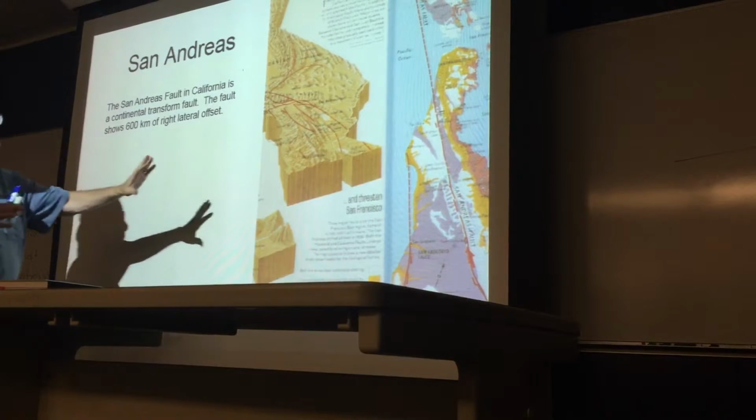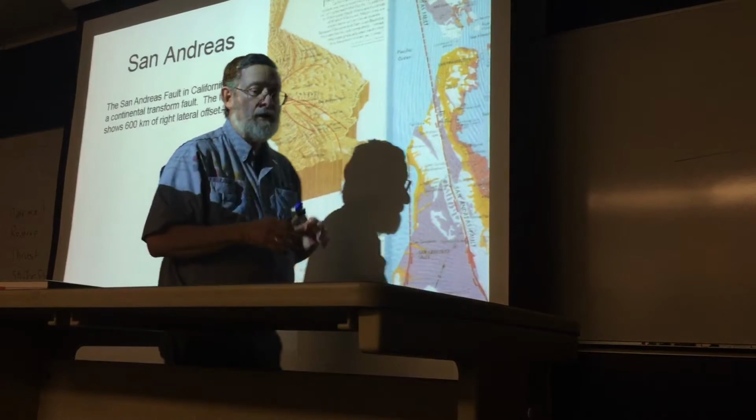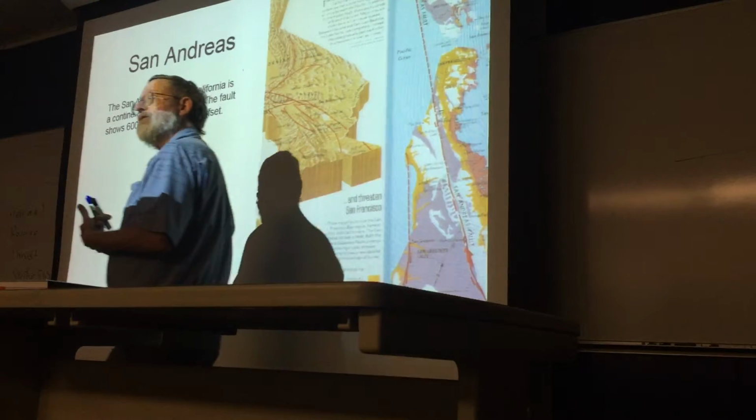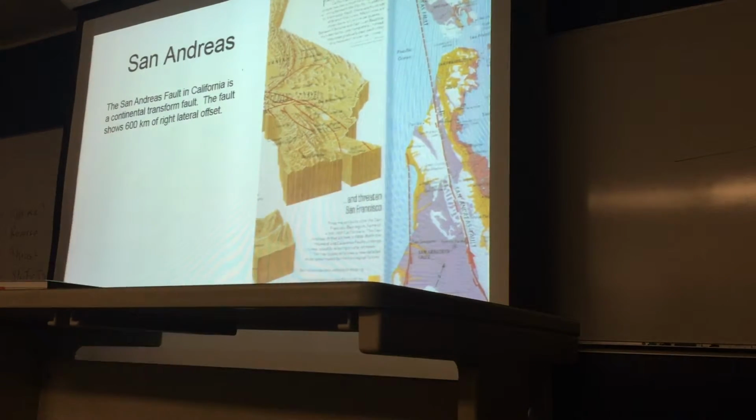So these strike-slip systems can be destructive. It does not take a significant amount of displacement or a significant magnitude in a strike-slip system to cause significant damage and loss of life.